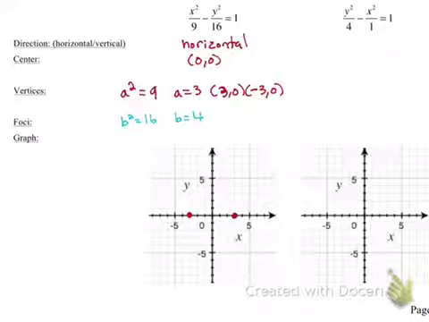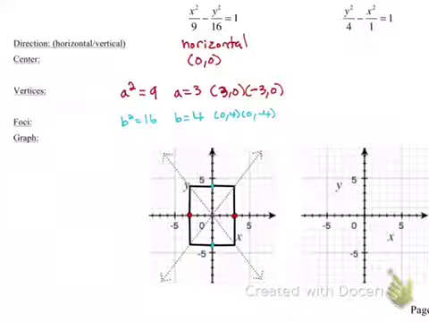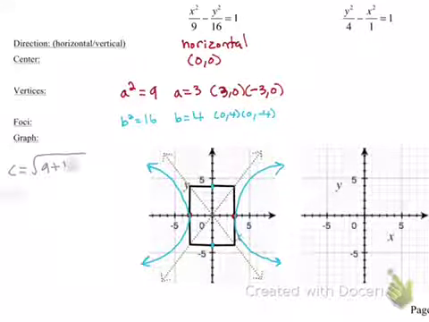All right, so my conjugate axis endpoints are at 0, 4, and 0, negative 4. The conjugate axis is only important because it gives us our box that we're going to use to draw our asymptotes. Okay, so I draw my box. All right, from my center, I'm going to draw my asymptotes going through each corner of the box. All right, from there, I'll draw my hyperbolas. They will approach my asymptotes, but they will not touch.